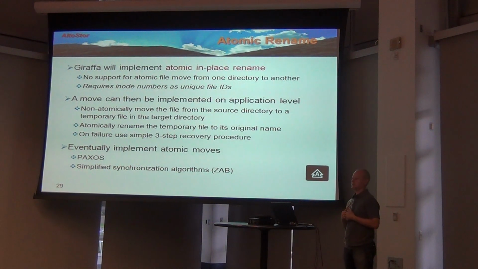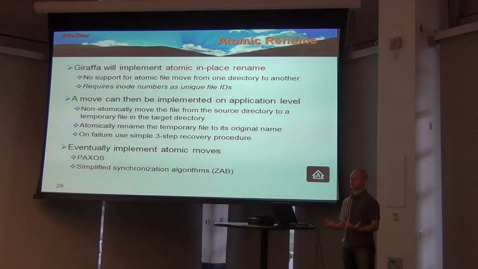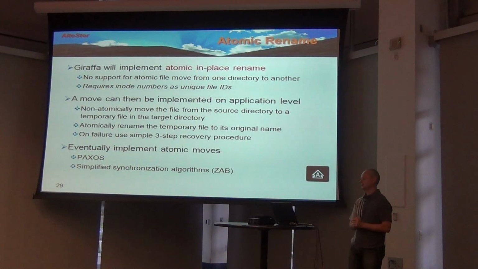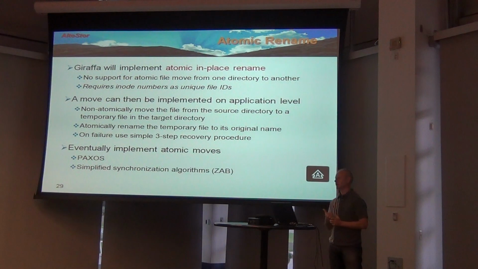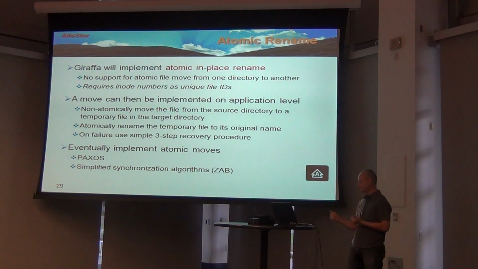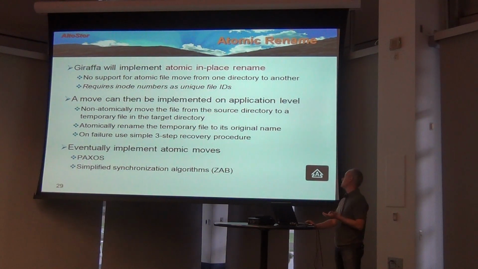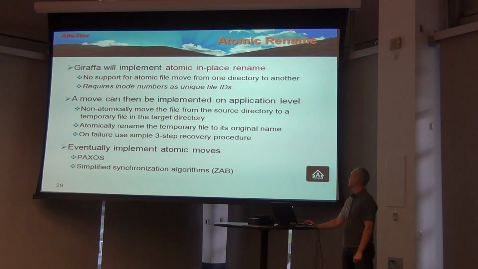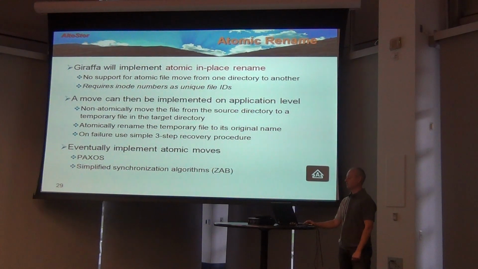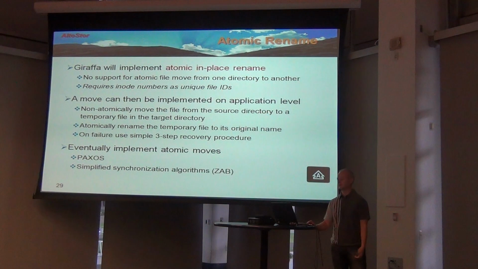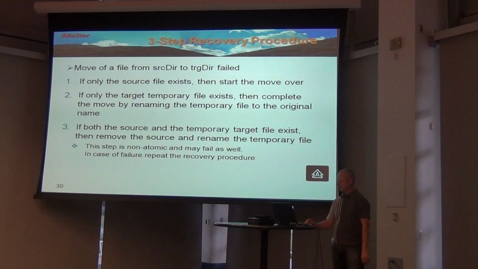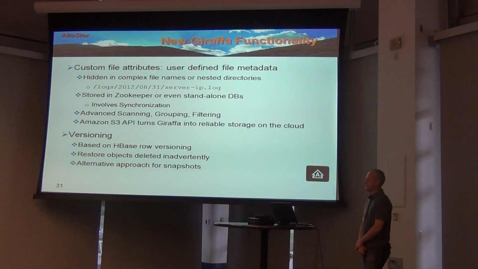And this procedure is not atomic, it can fail in the middle, but there is a simple three-step procedure on the next slide that can recover from failure. Eventually, there is of course the possibility to implement atomic moves with simplified synchronization logging like that. So, a three-step procedure.